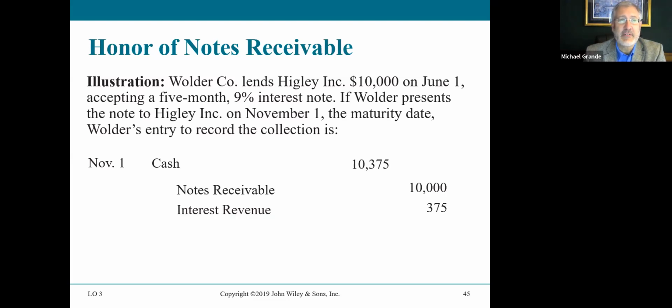Held for the entire period, right? $10,000, 9% a year, times 5 months out of the 12 months, $375. Dates are important. Signed on June 1, matures on November 1, 5 full months. June, July, August, September, October, 5 full months.